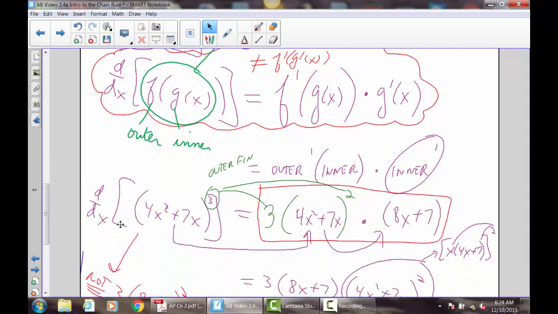Okay, so here's an example. If you have the derivative with respect to x of 4x squared plus 7x all cubed, the example we had up there, it is going to be 3 times this ugly thing squared times the derivative of that ugly thing. So it's the derivative of the outer function evaluated at the inner function times the derivative of the inner function.